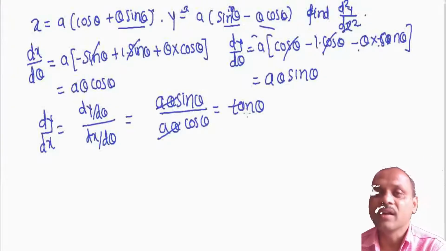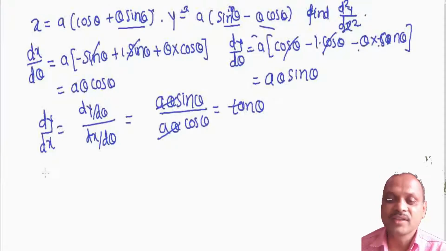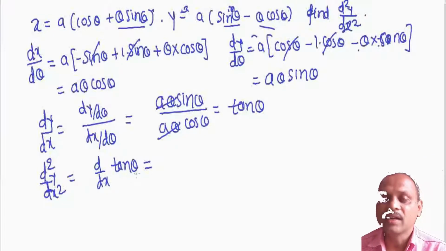This is dy by dx. So we differentiate this with respect to x, which is d2y by dx square, so this is d by dx of tan theta. You can see that tan theta is a function of theta, but we are differentiating with respect to x.